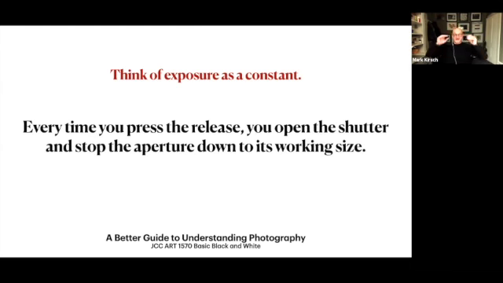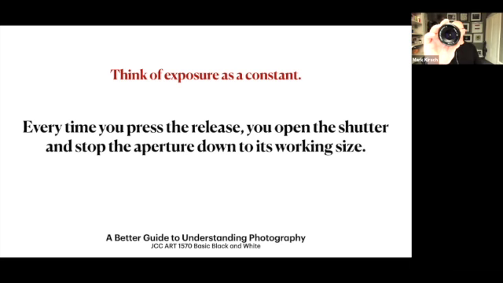Okay. So every time you press the shutter release, you open the shutter and the aperture steps down. When the lens is on your camera, it will always be open to its fullest. And then when you click the shutter and that mirror flips up out of the way and the shutter opens, the lens will go boop and it'll drop down to that size.